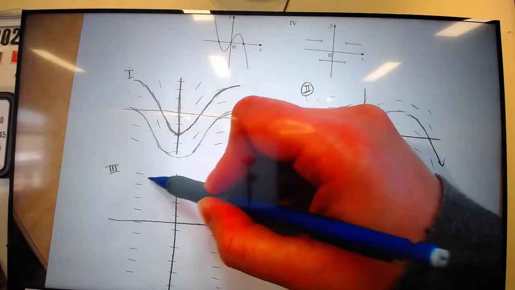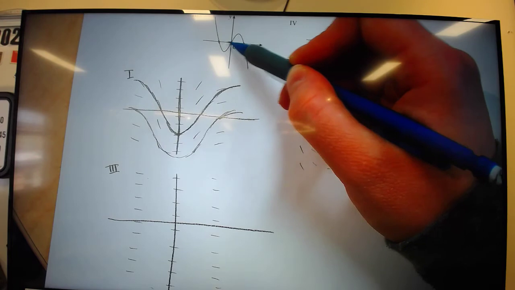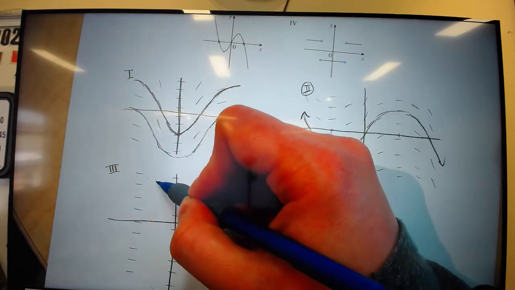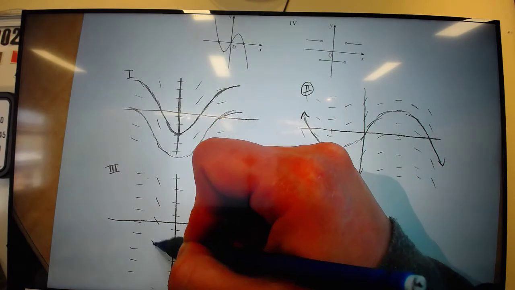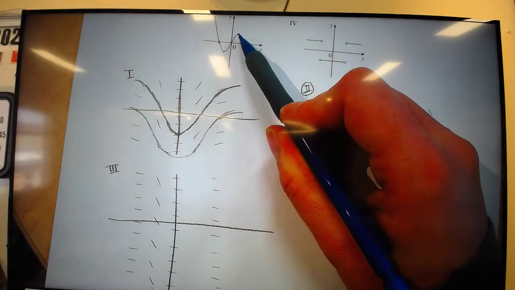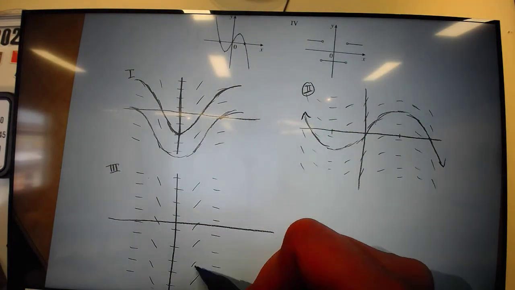In between these two, kind of right in the middle, we've got the steepest negative slope that it gets to. So I'm going to draw these as nice, big, steep negative. Here we've got the steepest positive slope that it gets to in between those.